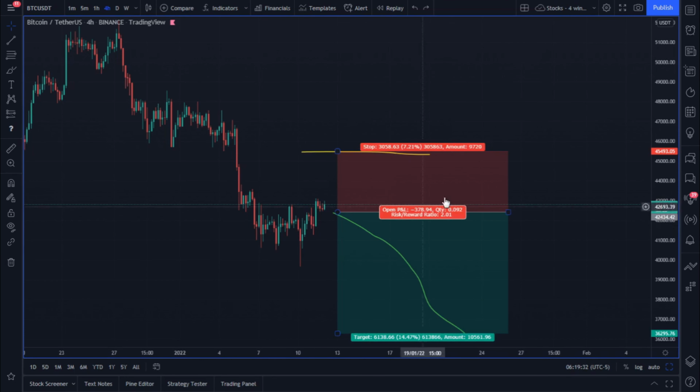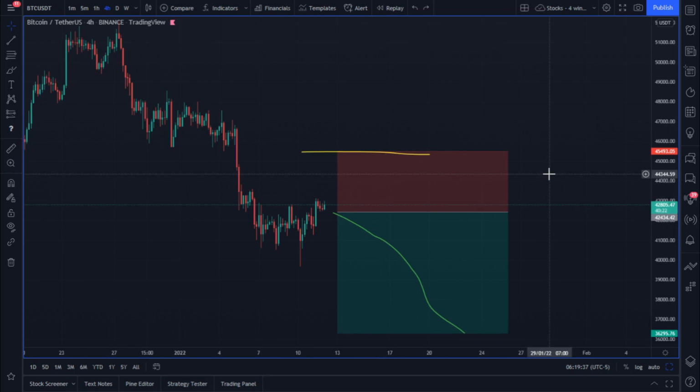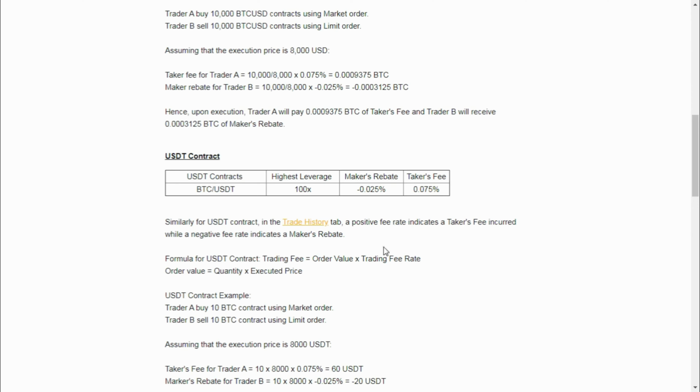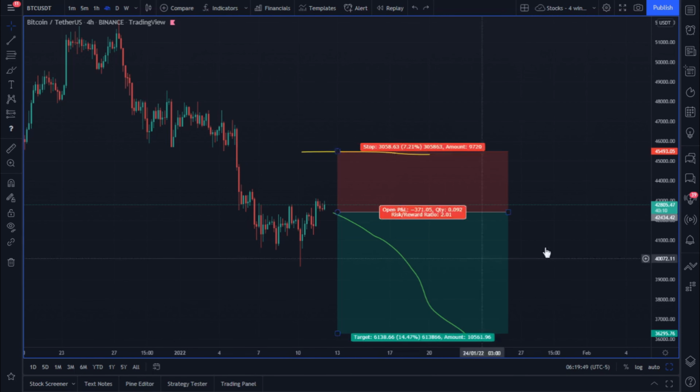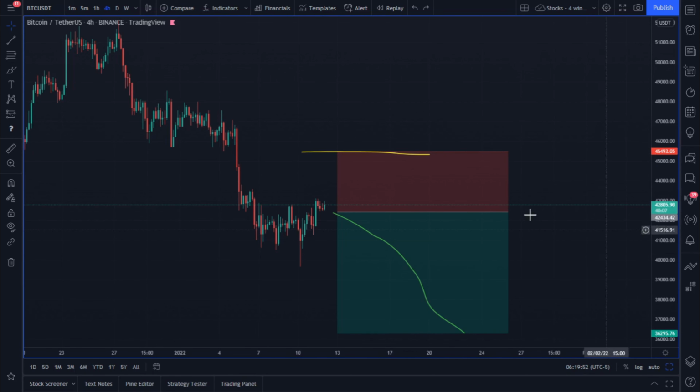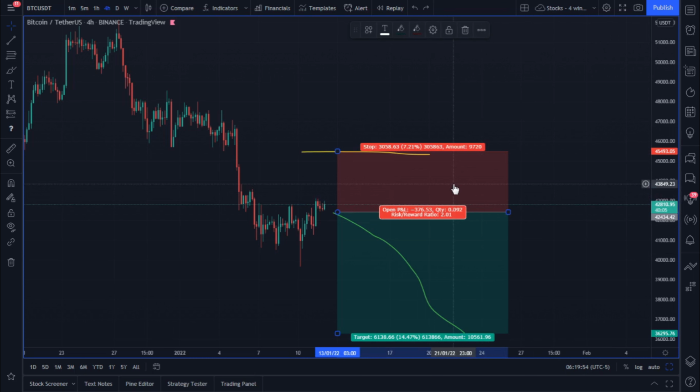So when you're determining the gap, using the spreadsheet we're using and the math that I showed in my previous video, the reason I called it dollar gap is because we're using the dollar value, but you could also use a percentage value. Using this tool you can see the percentage value here.